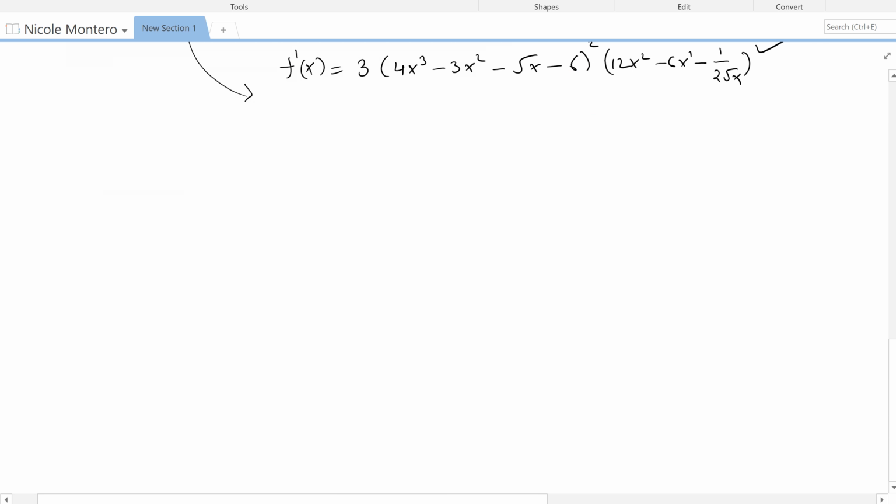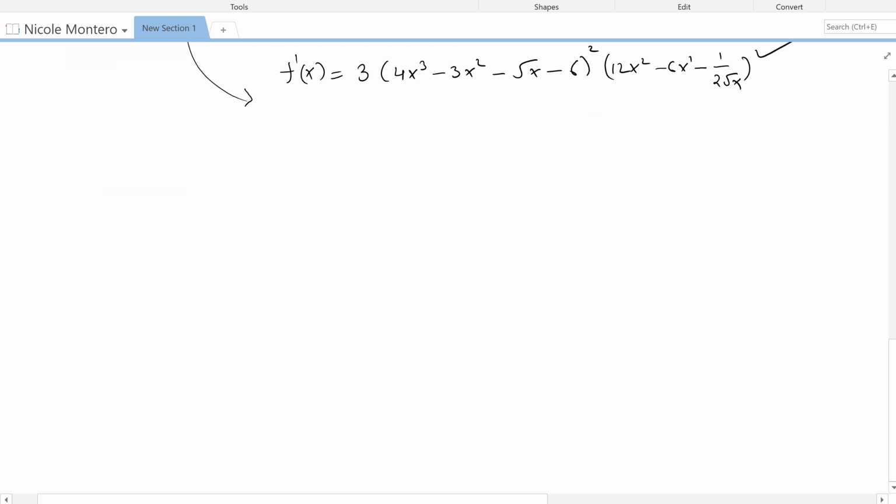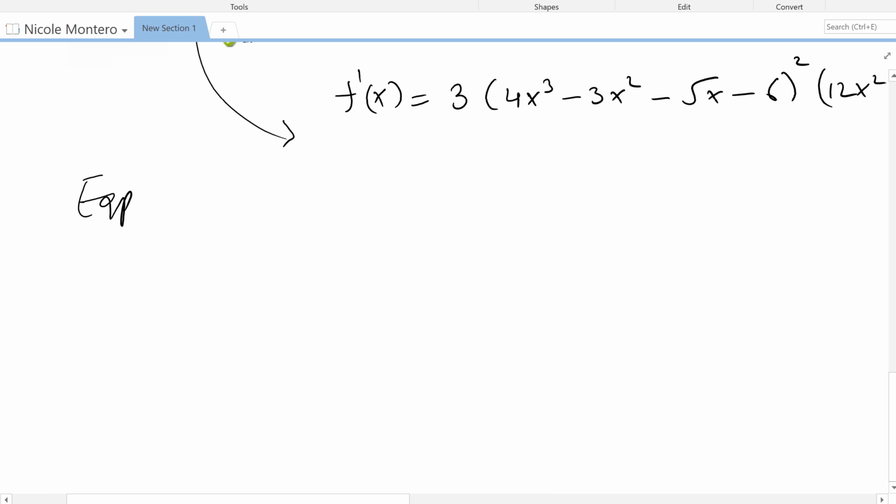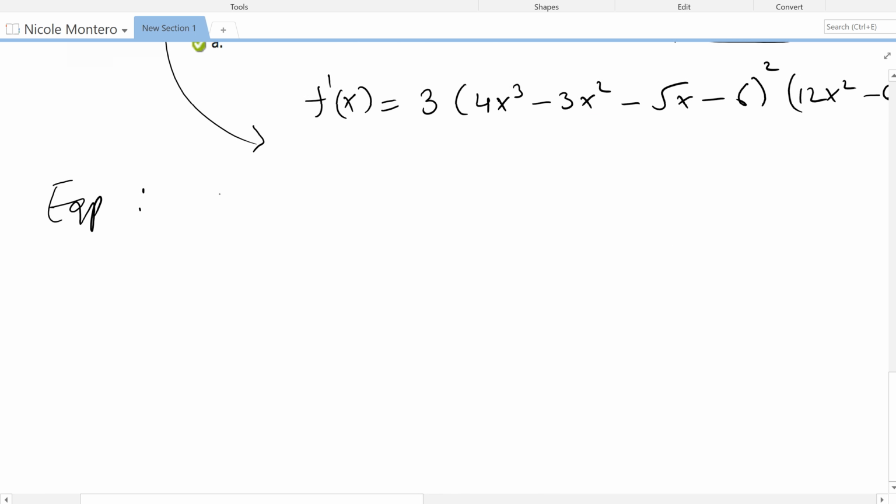Probably you can understand it better with the example. Now, what would be the derivative of that function?